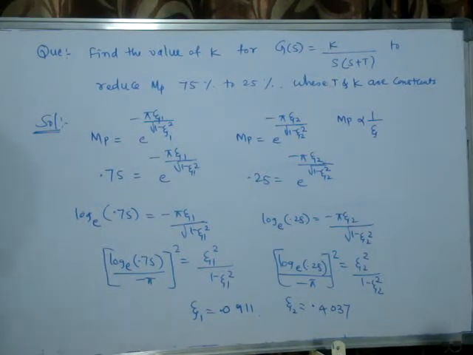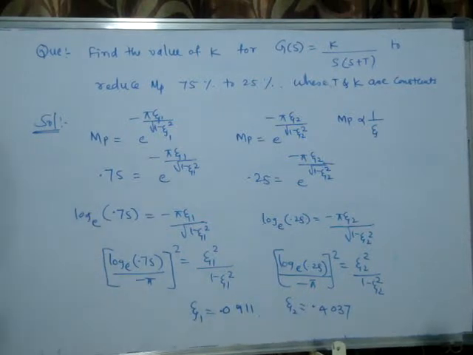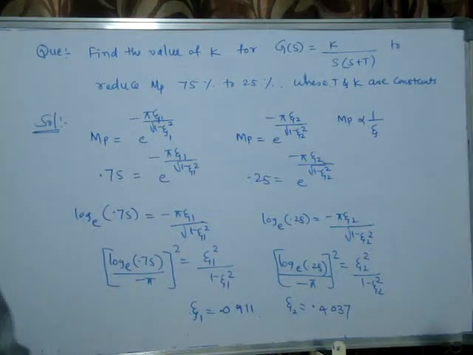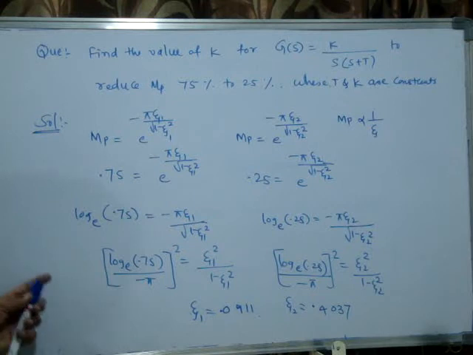For that you have to increase zeta from 0.0911 to 0.4037. But in the problem what he has asked is to find the value of the new gain. For this one gain, for this one more gain. So definitely the gain is reducing. Once again it is inversely proportional. Zeta to gain is also inversely proportional.